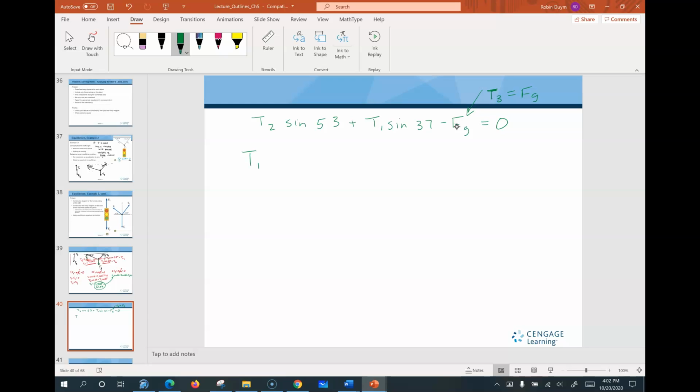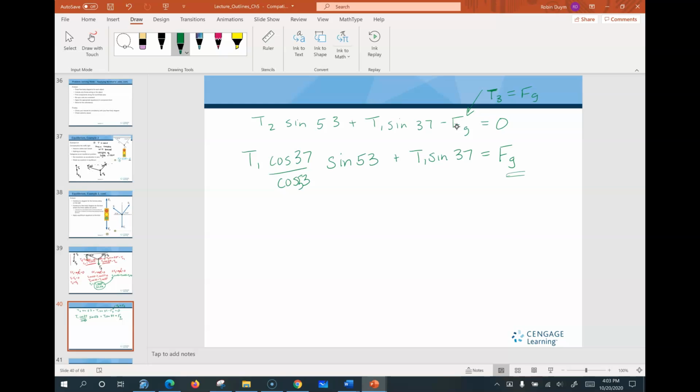We're going to get T1 cosine 37 over cosine 53, that's being multiplied by sine of 53, and then you're adding T1 sine 37, and then I'll just bring Fg over here. That's actually a number, so we can put a number into that. That's not a big deal.